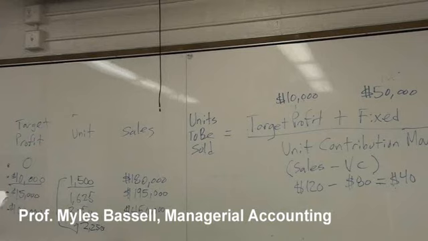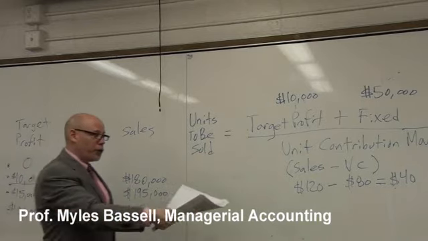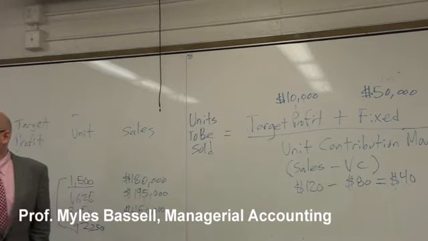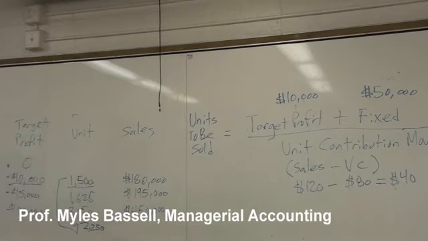And right now we're looking at the unit level. Right? How many units we would have to sell. The variable cost per unit is still going to be $40. So we're selling more units, our total variable costs are increasing.